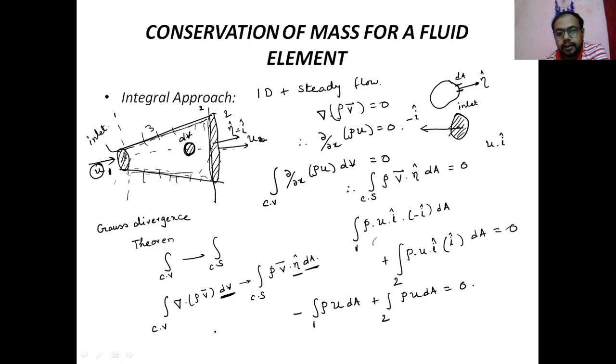Now rho does not change with the sectional area, so rho you can keep out of the integration. So rho U dA at section 1 plus rho U dA at section 2.